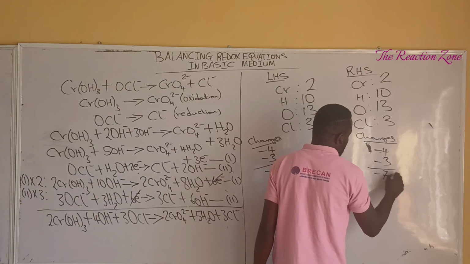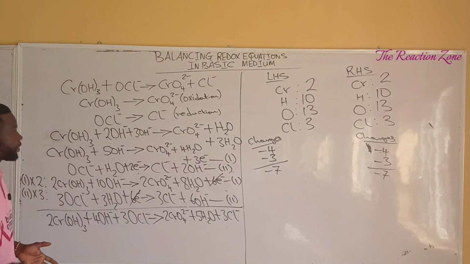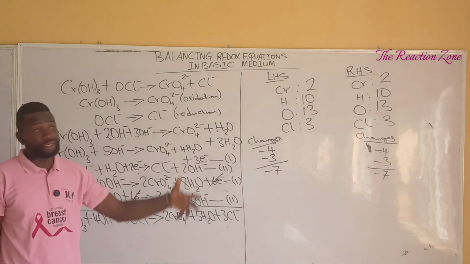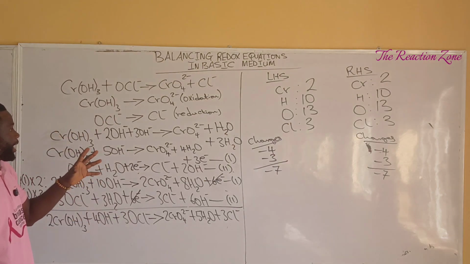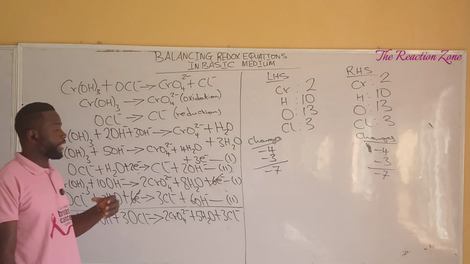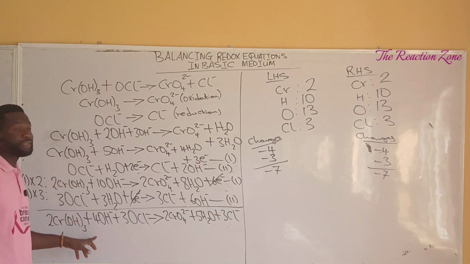And the net charge here is also minus 7. So we can see from this that in the balanced redox equation, which is the final answer, the number of atoms on the left hand side are the same as the number of atoms on the right hand side, and the net charge on the left hand side is the same as the net charge on the right hand side. So that is proof that this answer is correct.